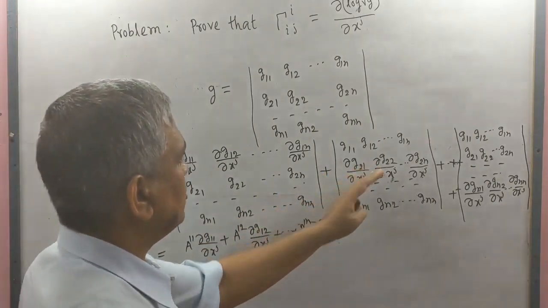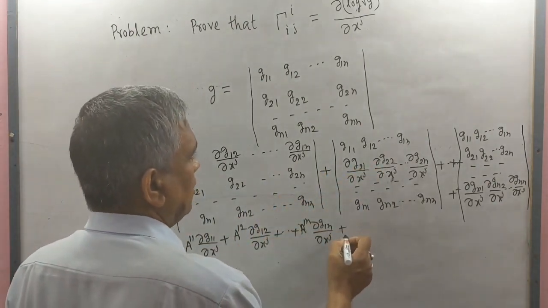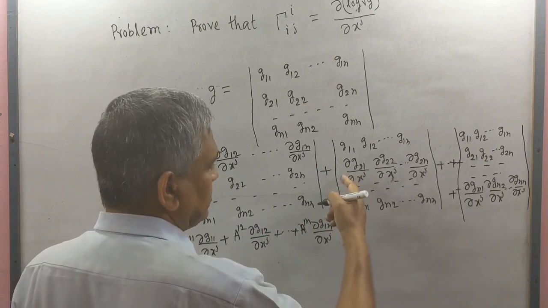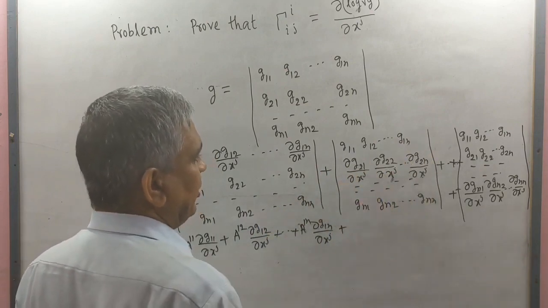Now the determinant of the second place. Here we consider the second row to find the determinant.